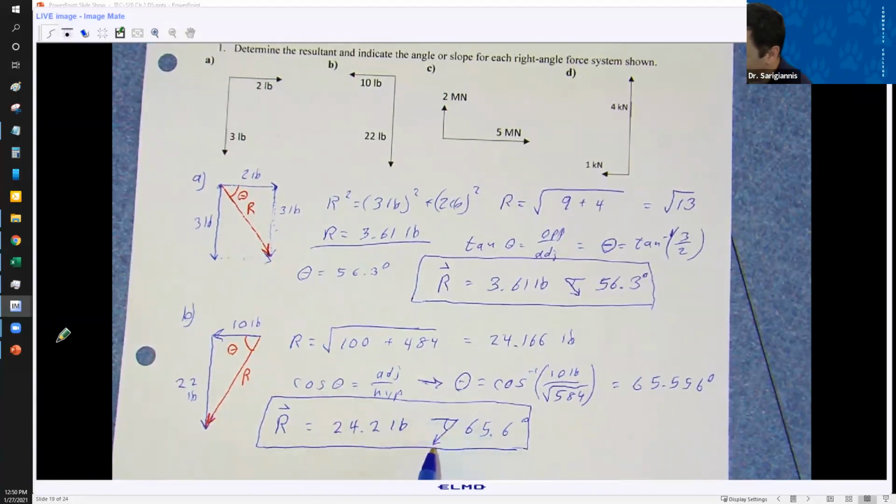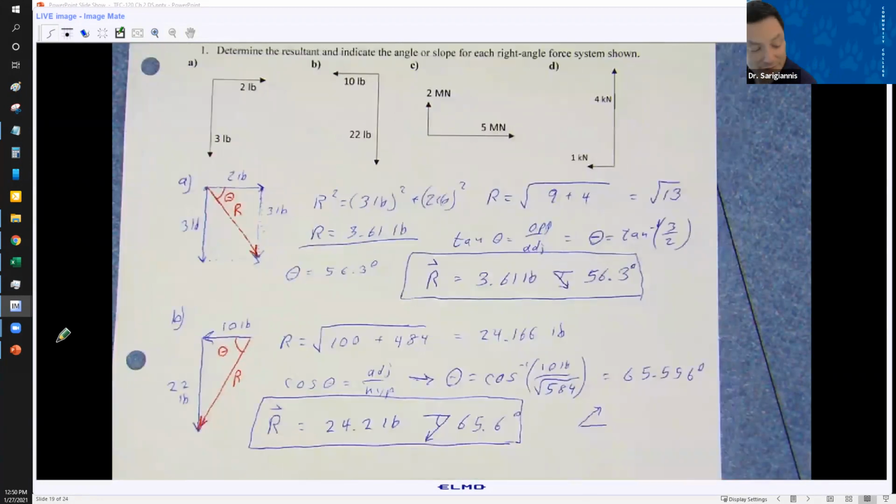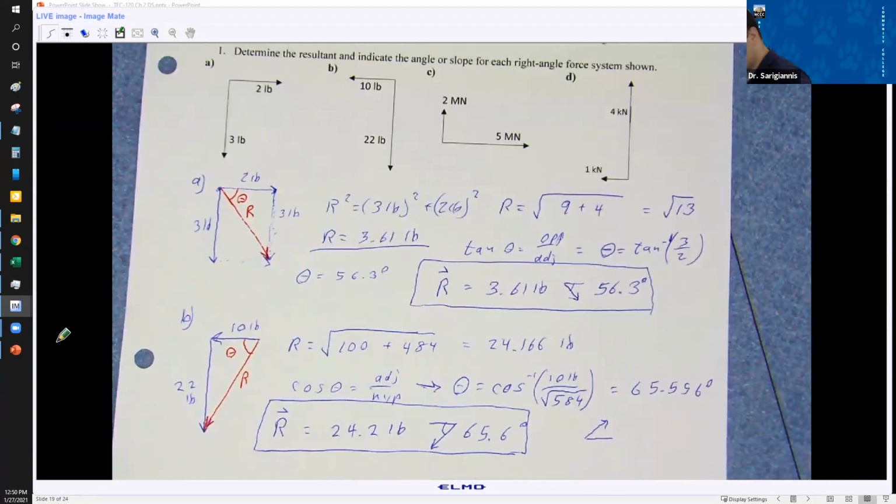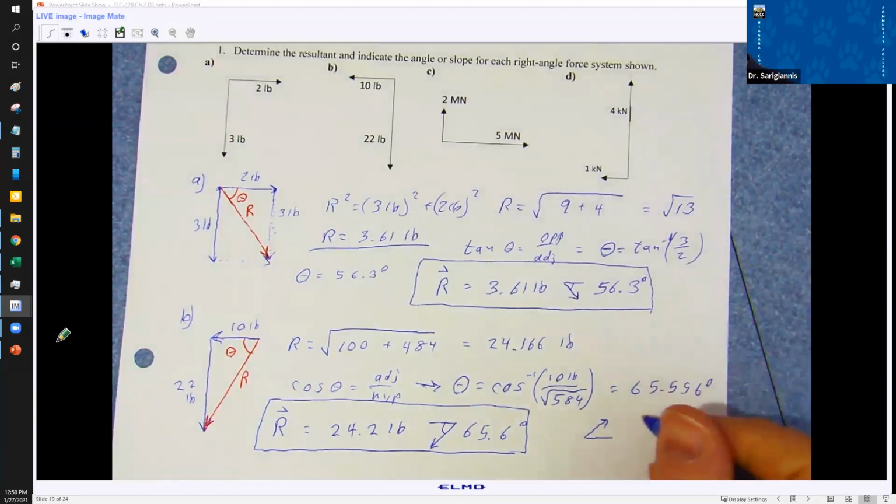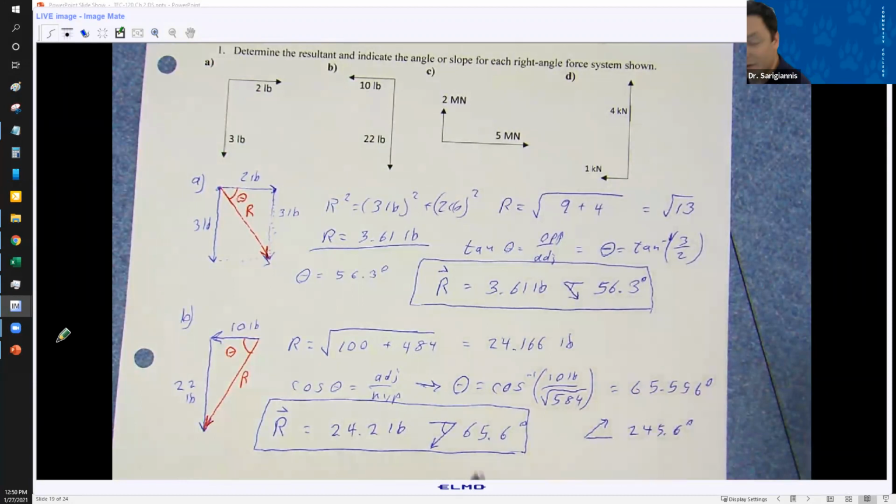But that's why it's so nice to be able to write this stuff, because you can denote a lot with just an angle symbol. Otherwise, if you're talking about just an angle from the horizontal x, right, you're going to have to translate this into something more reasonable, which is 65.6 plus 180. So this is at an angle of 245.6 degrees. So there's different ways you can report this, right?